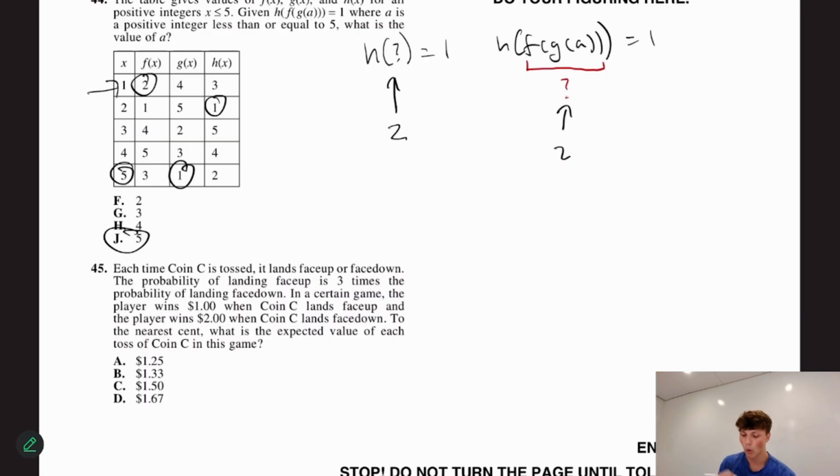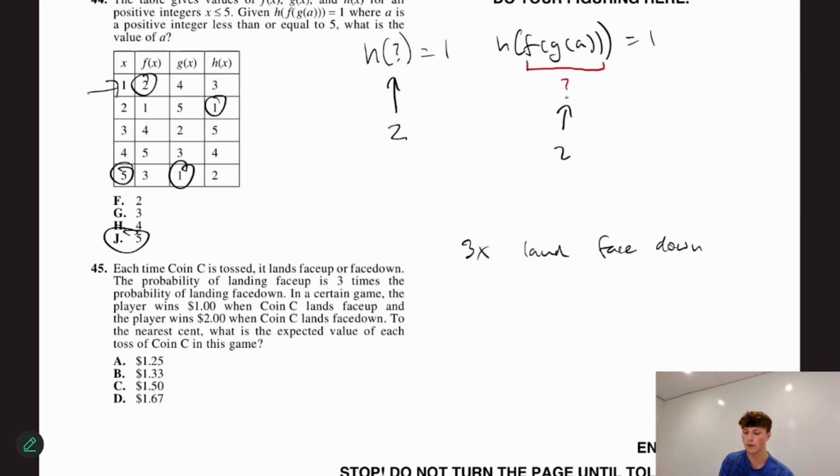Okay, so what's the probability of landing face up? Or what are the percent chances we land face up? Well, it's 3 times the land face down option.